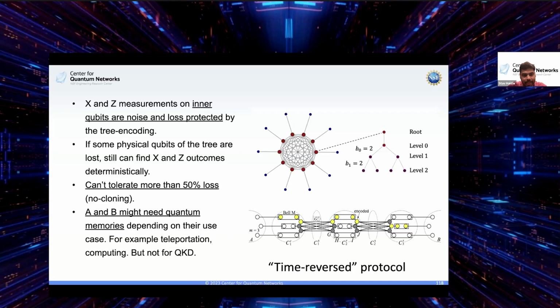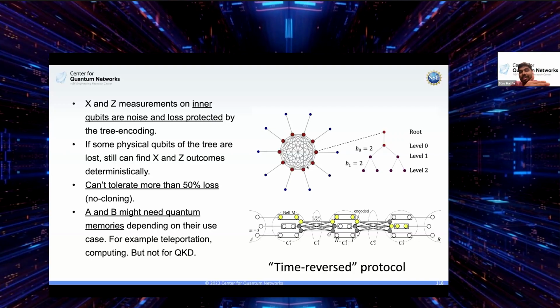In the same way, if you have more than 50% loss, there is no code that you can implement here that will be able to recover the logical information of this inner qubit. So that's a hard limit, and this comes from the no cloning theorem. I wouldn't go too much into that detail, but essentially, if you have more than 50% loss in your channels, then none of this is going to work. The encoding is not going to work. So that puts a hard limit.